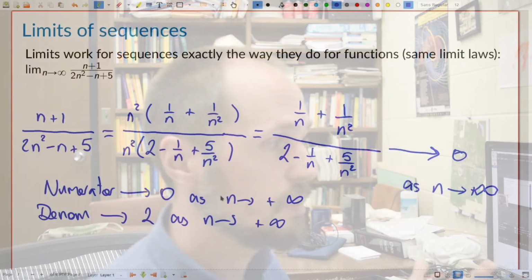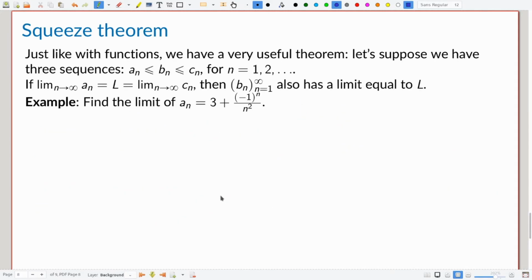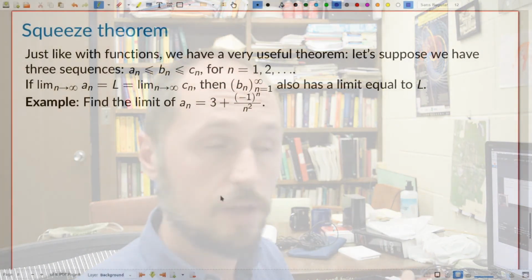Now, there are going to be slightly more complicated examples that we can look at, but we're going to see things that look exactly like we know from studying functions. And we have a very useful theorem, this so-called squeeze theorem. The idea is we suppose that we have 3 sequences. Okay, so we have these 3 sequences, and they are sandwiched.